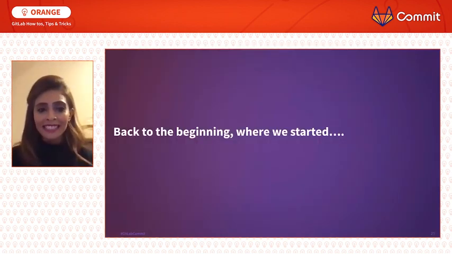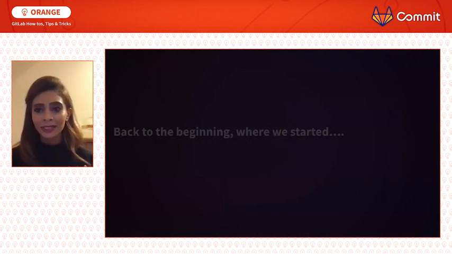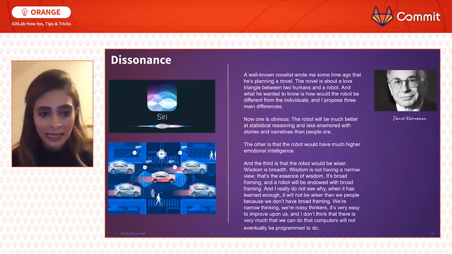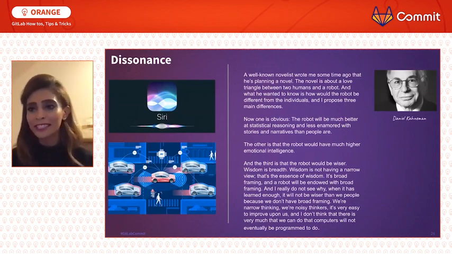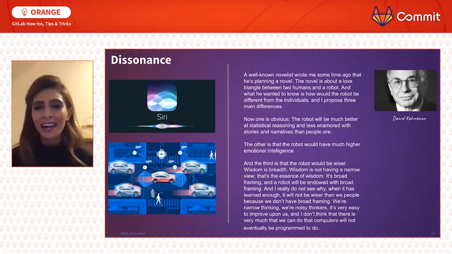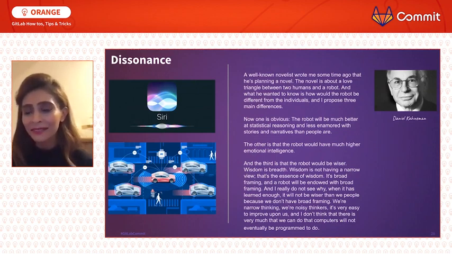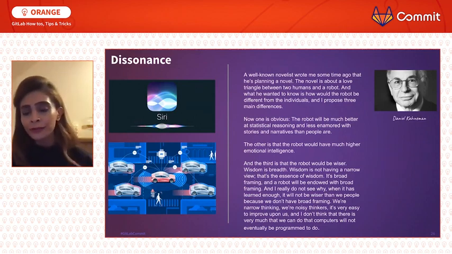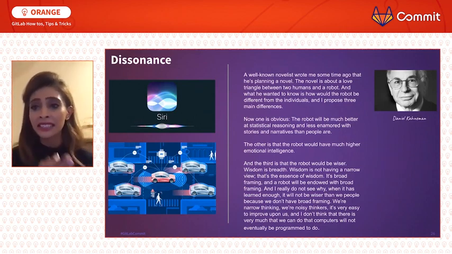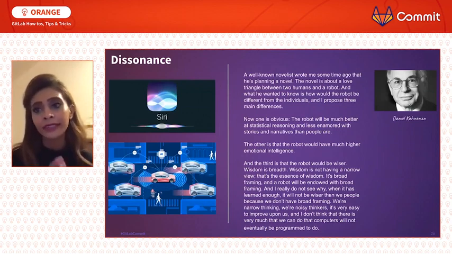To end this, we're going to go back a little bit to the beginning where we started. We started off with a very futuristic AI psychologist and how he looks at the robots being equal to humans in a certain frame. And then we've also seen in our world the likes of autonomous cars, Siri, Alexa, where AI has been proven.